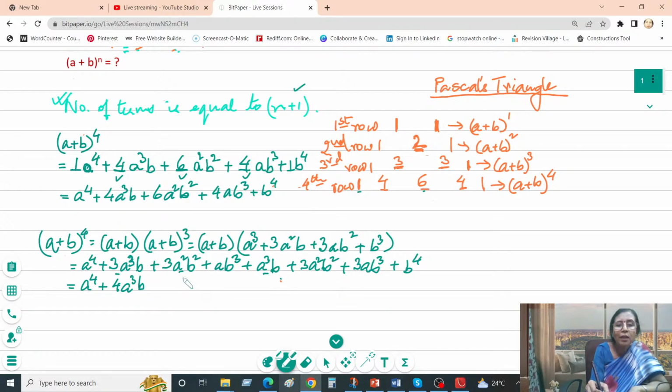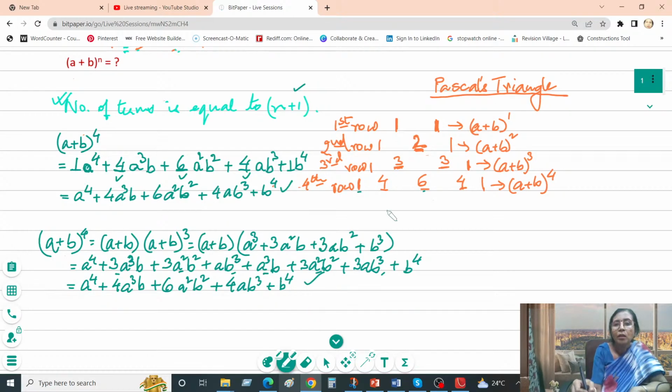So this is one a square b square and this is another a square b square. 3 plus 3 is 6. 6a square b square. Then ab cube and ab cube, plus 4ab cube and finally plus b to the power of 4. See, they match.